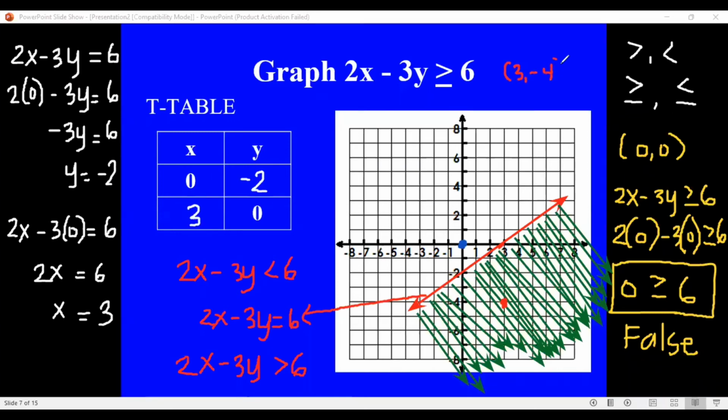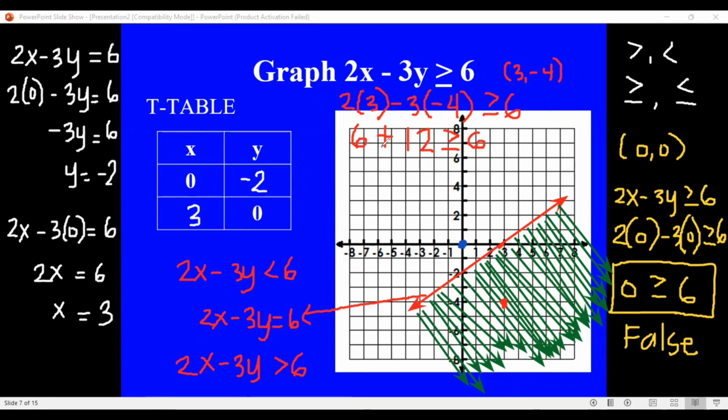So if I will be substituting 3, negative 4, I will be having 2 times 3, and then the y there is negative 4, so we have negative 3 times negative 4. Is that greater than or equal to 6? So we have to solve. 2 times 3 gives us a 6, and then negative 3 times negative 4 will obviously give us now a positive 12, and continuing with that, we have greater than or equal to 6.